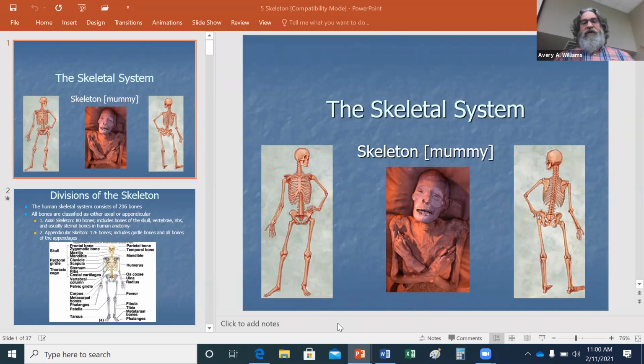So that was all the material for your first exam, which is a week from today, Thursday of next week. And then we also started and completed the first PowerPoint on bone, right? And so now we're doing our second of 3 PowerPoints, the skeletal system. And so here we are.